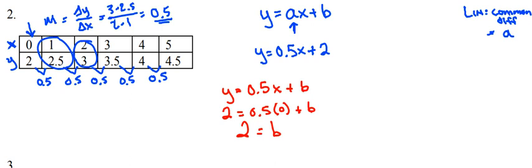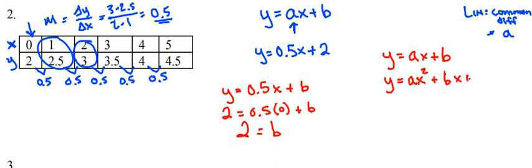Right? Now for different functions, the constant term isn't always b. Now let me show you what I mean by that. If it's linear, so we always start labeling the coefficients with a. If it's quadratic, it would be ax squared plus bx plus c. If it's cubic, ax cubed plus bx squared plus cx plus d, so on and so forth.